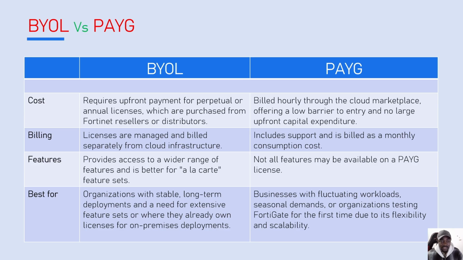So talking about bringing your own license, as we said, it requires upfront payment for perpetual or annual license. While the pay as you go is billed hourly. Each service that you use will be billed hourly on your marketplace.